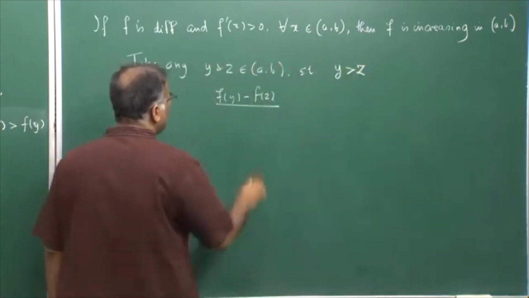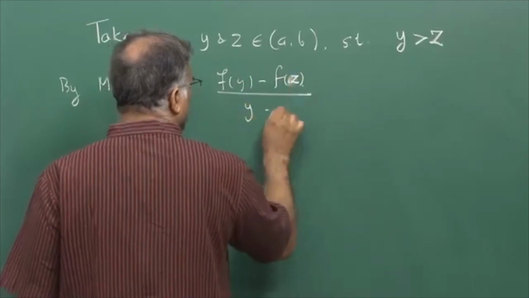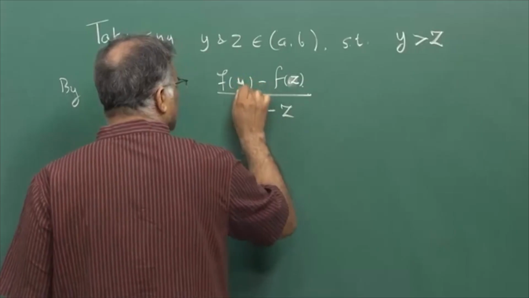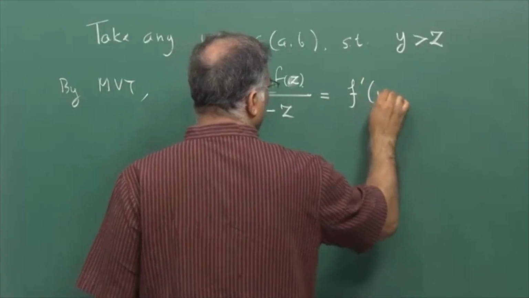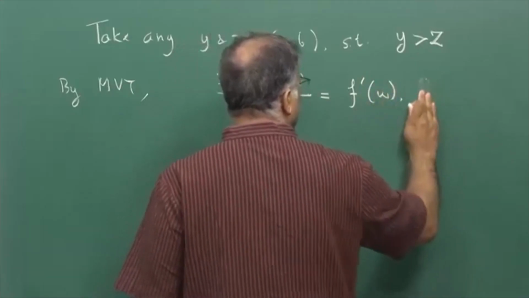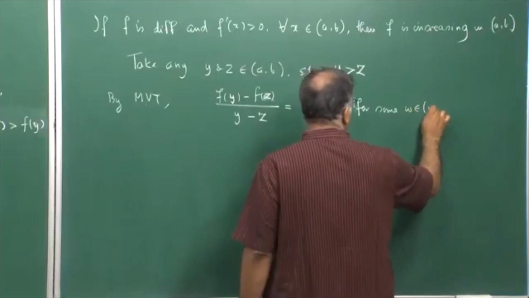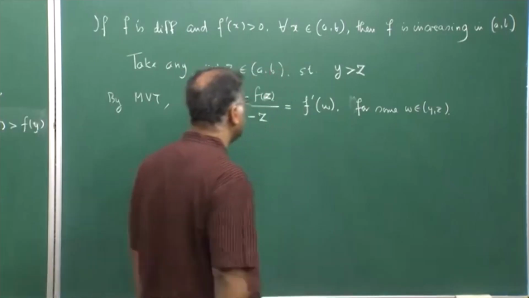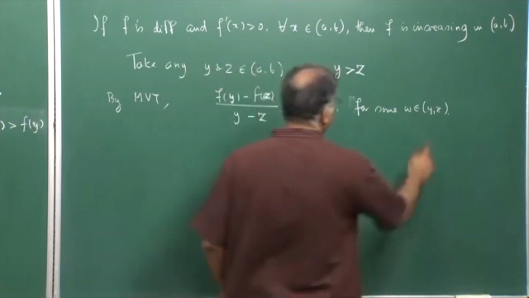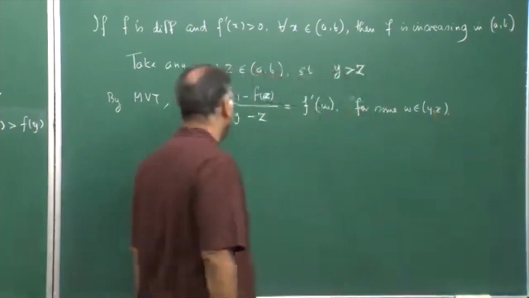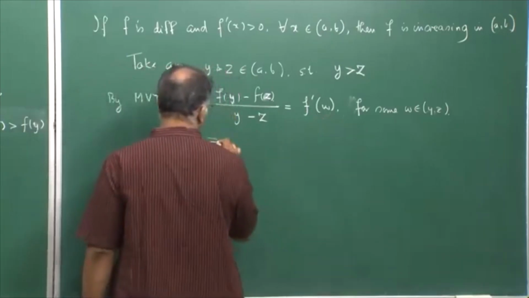Then by the mean value theorem, (f(y) minus f(z)) by (y minus z) must be equal to f dash w for some w in the open interval (z, y). But this open interval is a subset of the open interval (a, b), as a result of which f dash w is strictly bigger than 0.